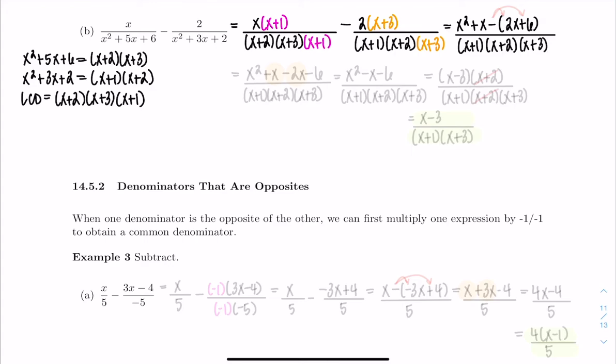And so what we want to do is distribute the negative. And so we end up with x squared plus x minus 2x minus 6 all over our LCD.